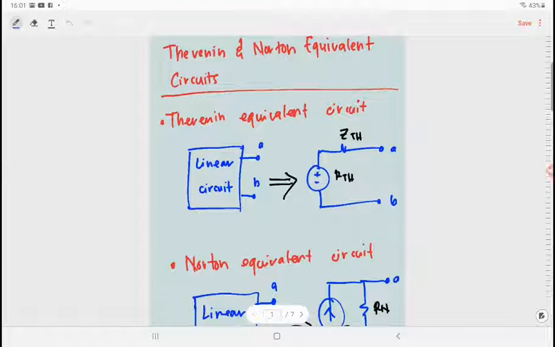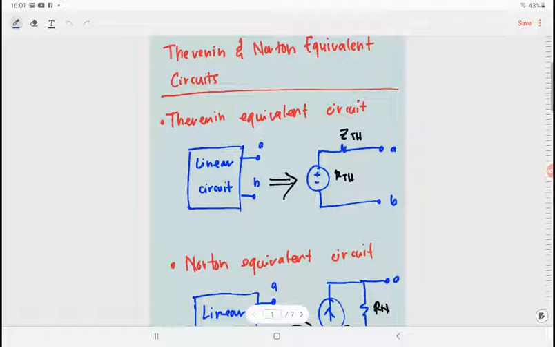So for today's class, we go to the Thevenin and Norton equivalent circuit. I believe that everybody already knows about Thevenin and Norton equivalent circuit. As we know, in this chapter we do AC analysis, right?